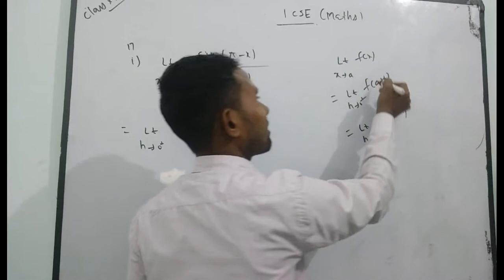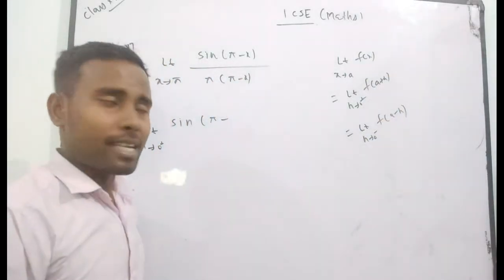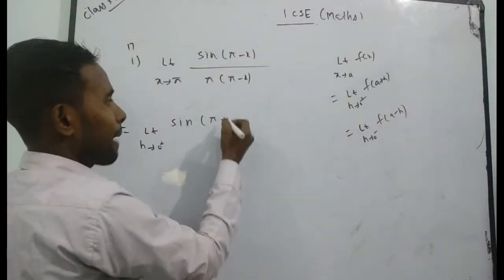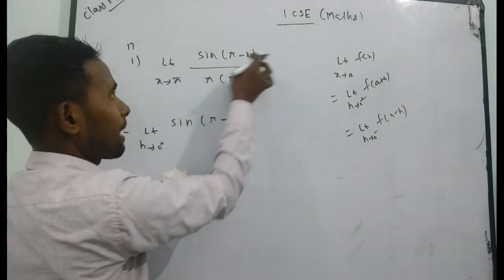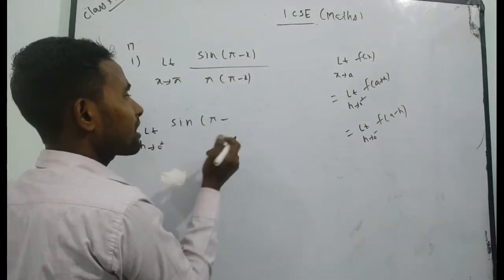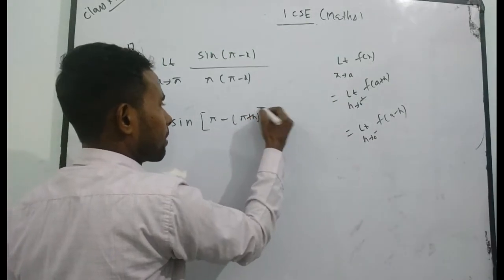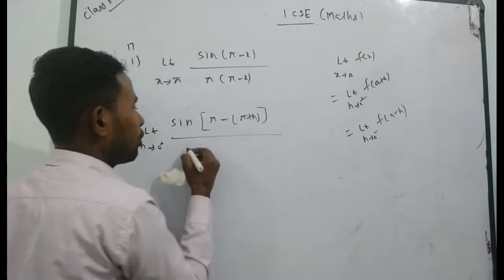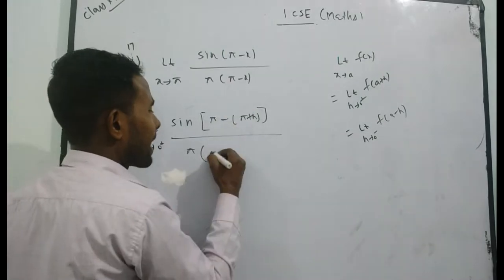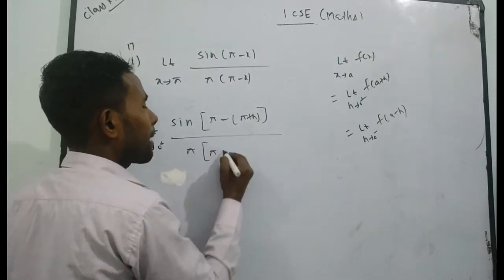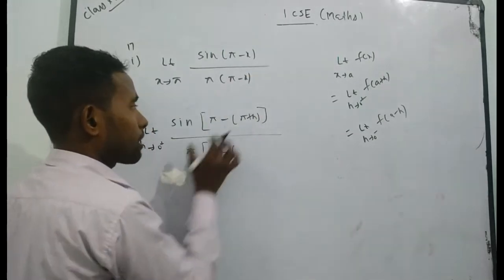So here pi minus x is simply replaced by pi plus h. Can you write it under bracket, sin of pi plus h, divided by, in denominator you can write pi times (pi minus x), where x is simply replaced by pi plus h.